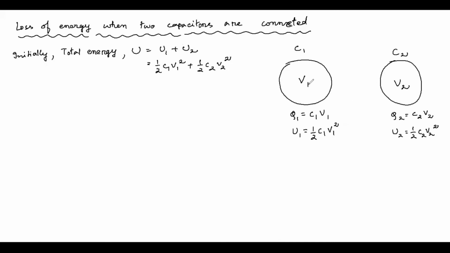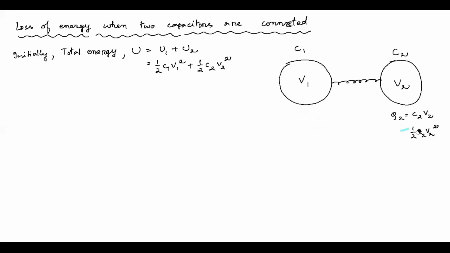This is our initial condition. Now, when we connect these 2 capacitors, let's say I'm connecting them using this wire, then what will happen? A certain flow of charge will take place from one capacitor to the other capacitor.